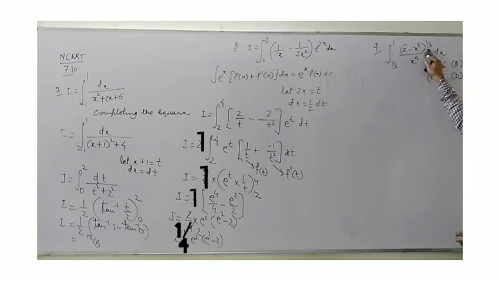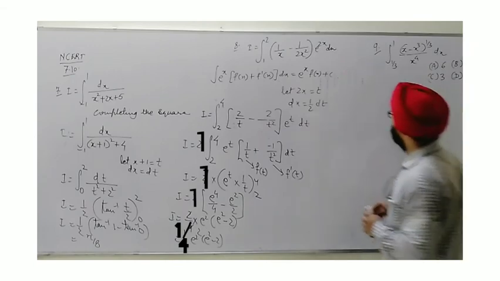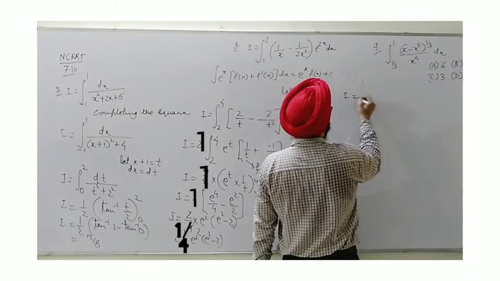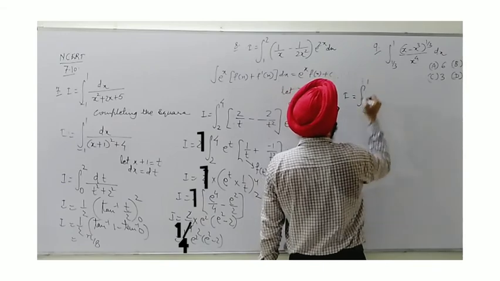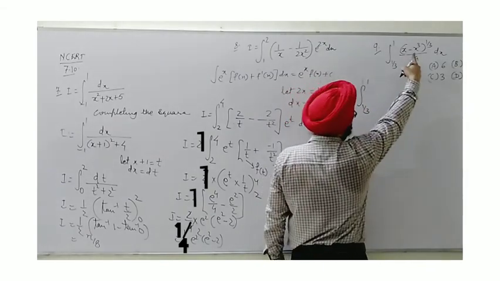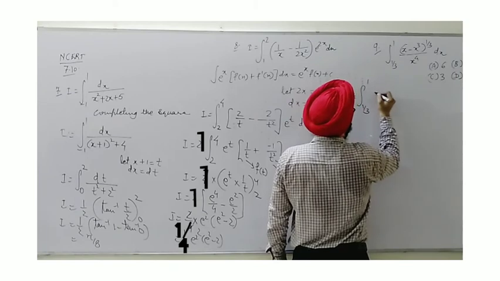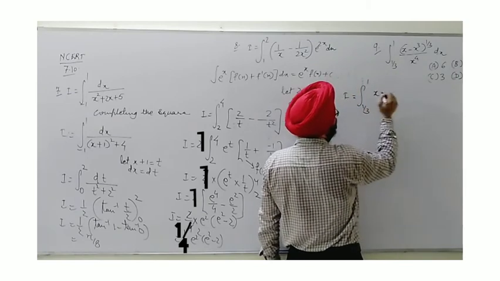Now we can see this is raised to the power 1 by 3. We have two options. If I take x common, with x I am taking x to the power 1 by 3 common. If I take x to the power 3 common from this bracket, then the 3 and 1 by 3 will cancel out. This is giving us some reduction. This is reducing the function. First of all, you write here 1 by 3, limit as it is, x to the power 3 common. So with power 1 by 3, we will have x only common.